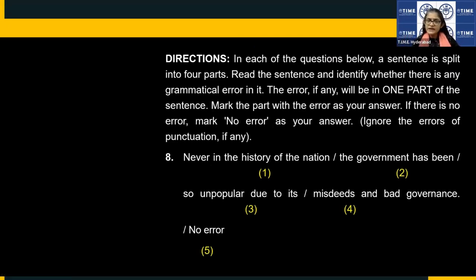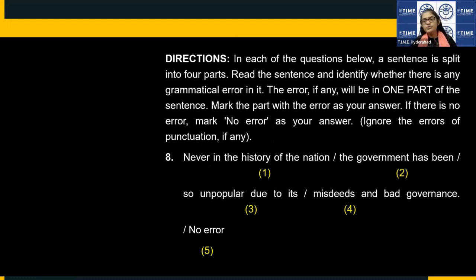Again, same thing. Error in one part. No other variation here. Never in the history of the nation the government has been so unpopular due to its misdeeds and bad governance. Do you know the sentence structure?